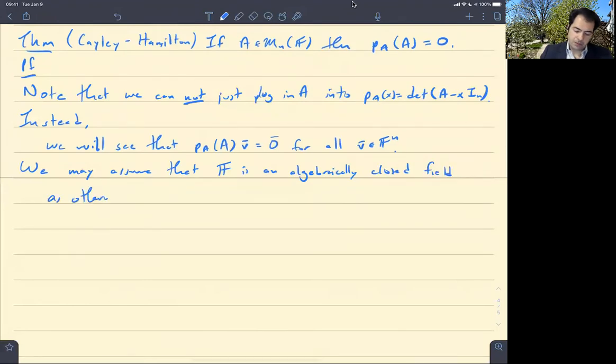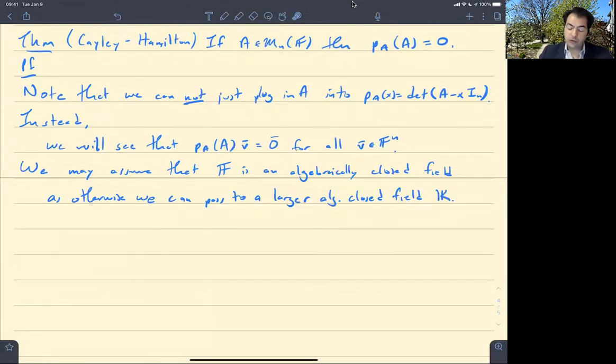As otherwise, we can pass to a larger algebraically closed field K. Right, and the point is that the characteristic polynomial doesn't care what field you're using as long as the matrix has coefficients in that field.